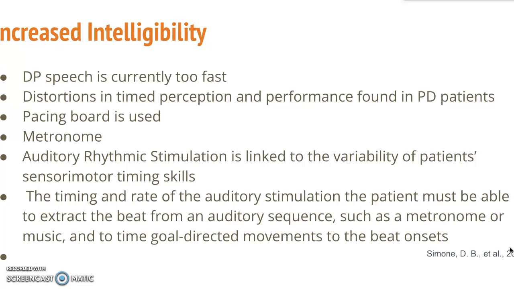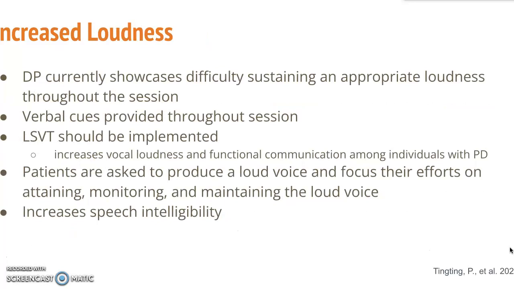Auditory rhythmic stimulation is linked to the variability of patients' sensorimotor timing skills. The timing and rate of the auditory stimulation allows the patient to extract the beat from the auditory sequence, such as a metronome or music, and to time and to work on goal-directed movements on beat, such as speaking.